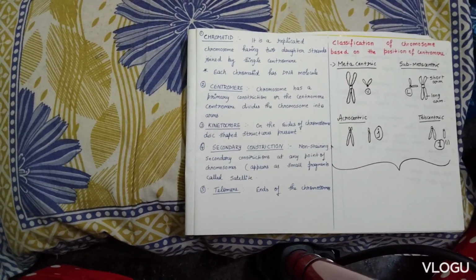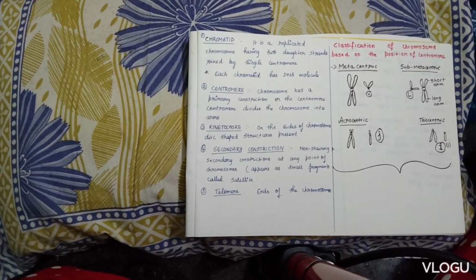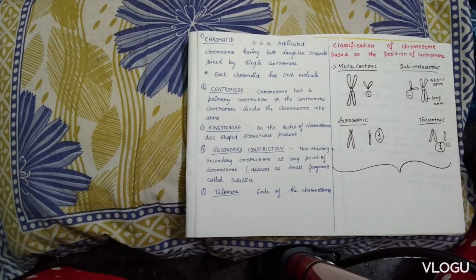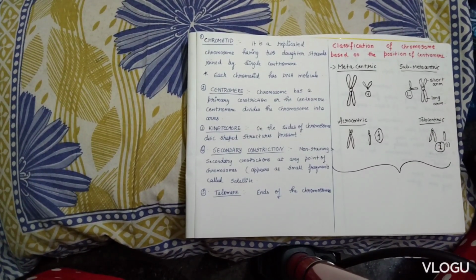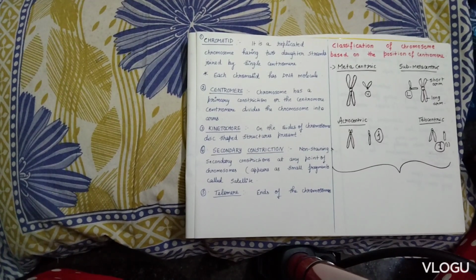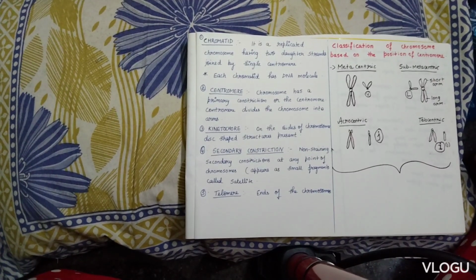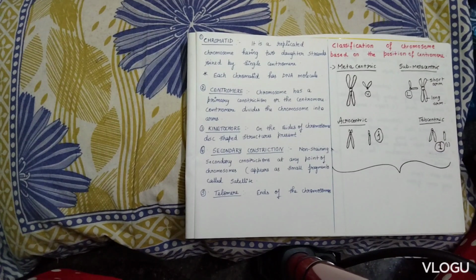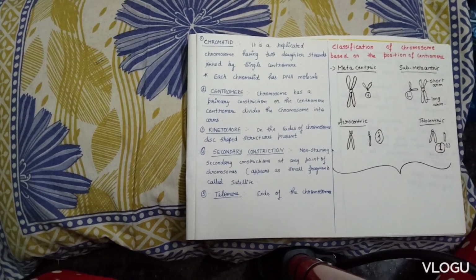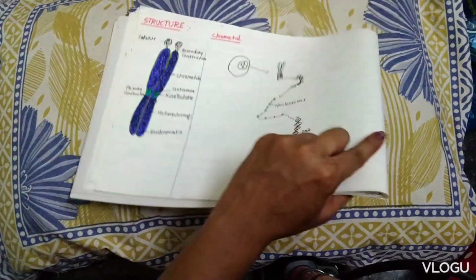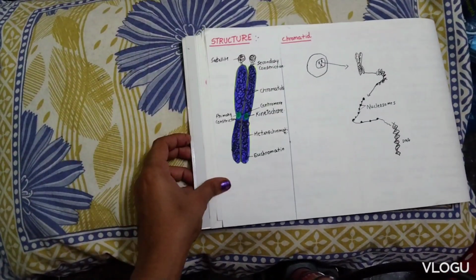In the structure of chromosomes, first you will learn about the chromatid. A chromatid is a replicated chromosome having two daughter strands joined by a centromere. Each chromatid has a DNA molecule. See the diagram and you will know which are the chromatids.